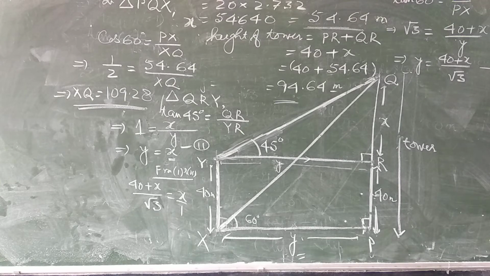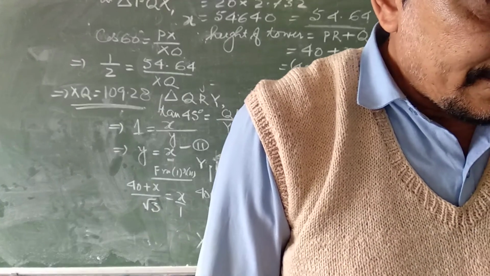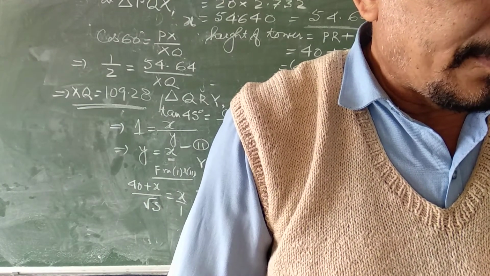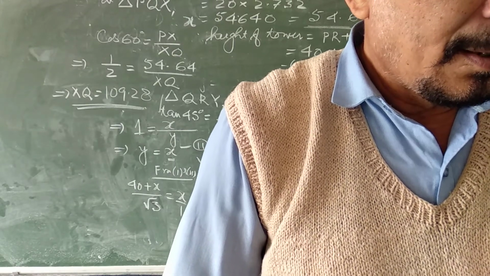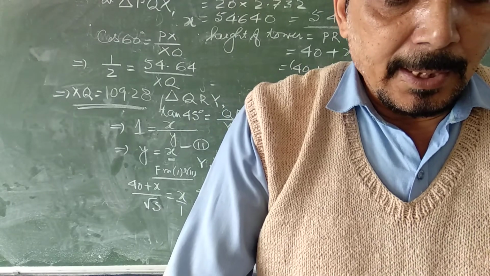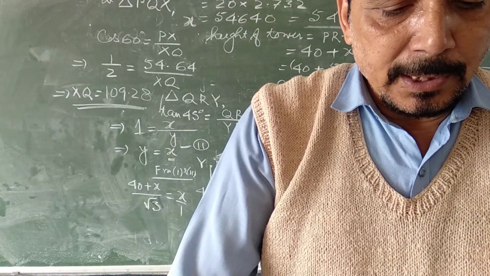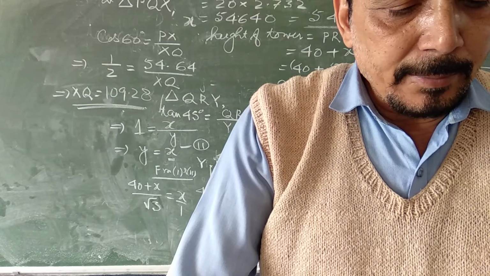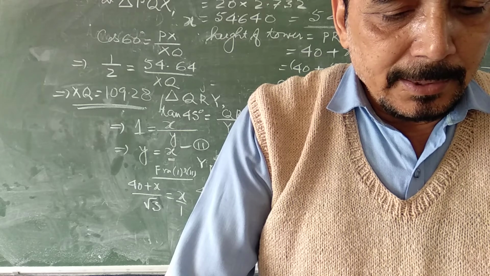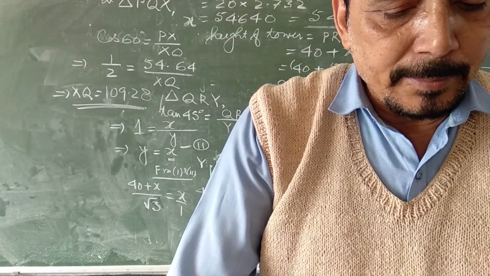So you can do the problems like this. Now next problem, write down. As observed from the top of a lighthouse 100 meters above the sea level, the angle of depression of a ship sailing directly towards it changes from 30 degrees to 45 degrees. Determine the distance traveled by the ship during the period of observations.